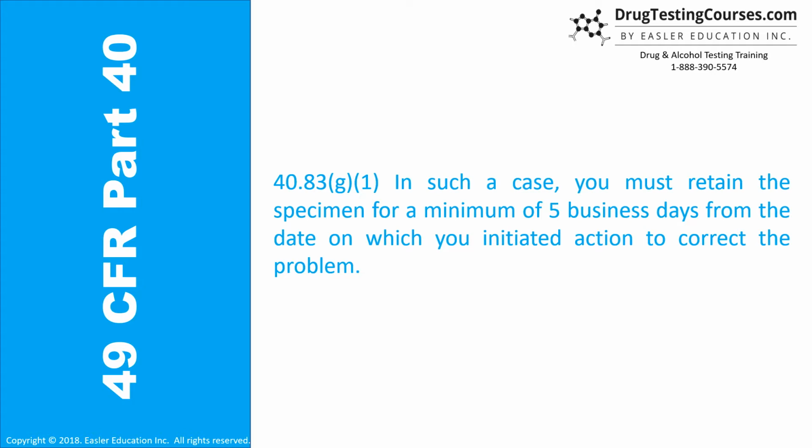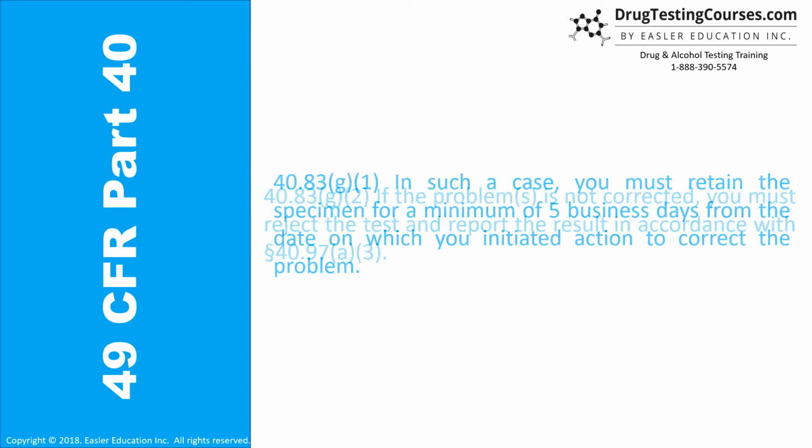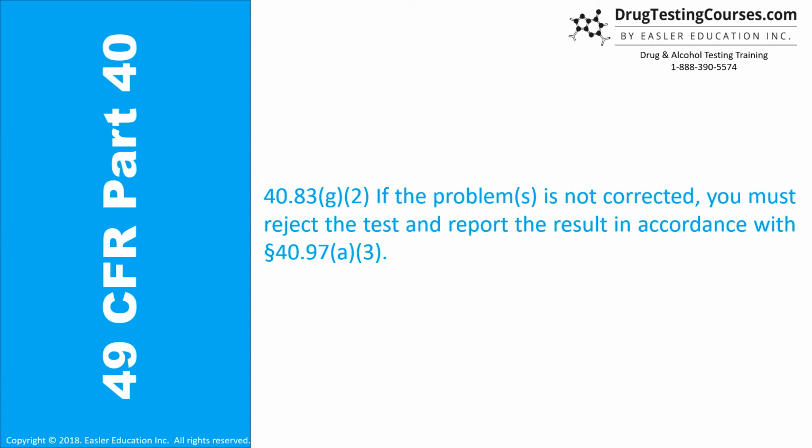In such a case, you must retain the specimen for a minimum of 5 business days from the date on which you initiated action to correct the problem. 40.83(g)(2). If the problem is not corrected, you must reject the test and report the result in accordance with section 40.97(a)(3).